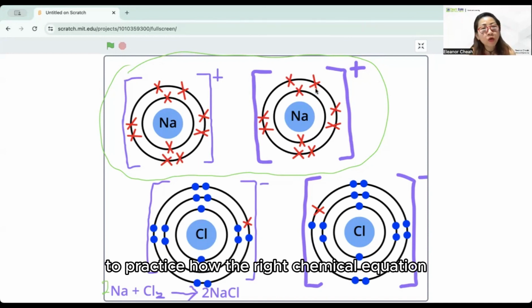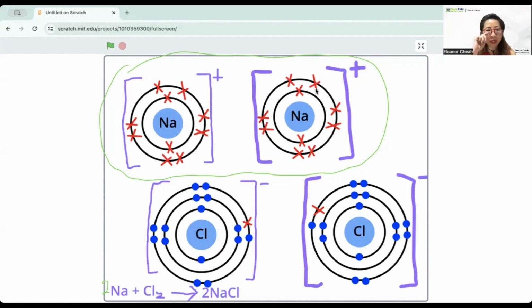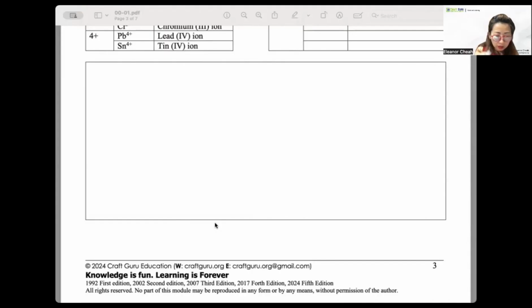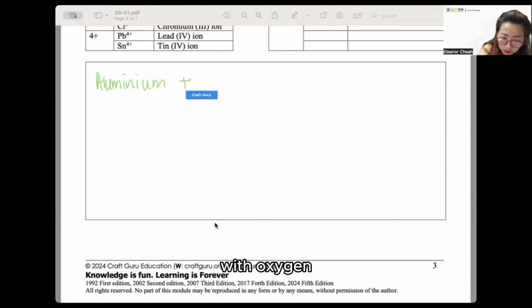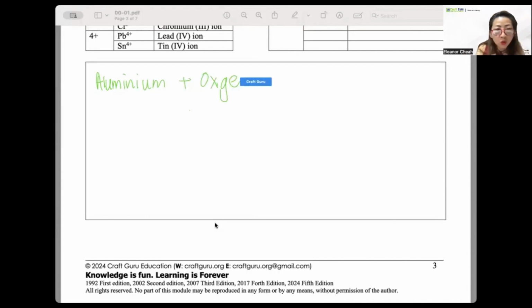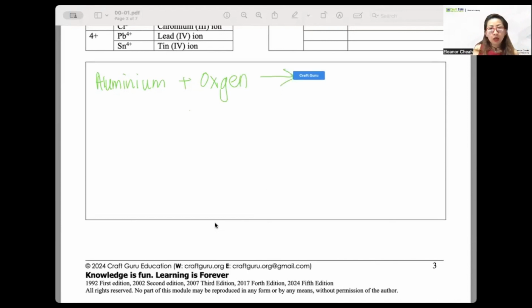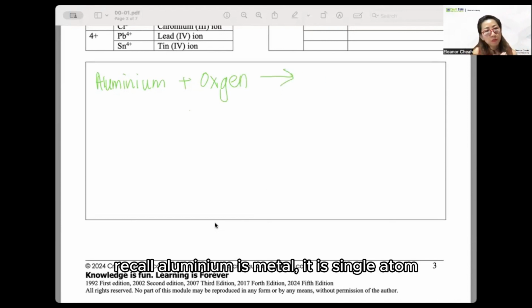To practice how to write a chemical equation, let me give you another example. A chemical equation for aluminium with oxygen. We will look at the name later. Recall aluminium is metal.